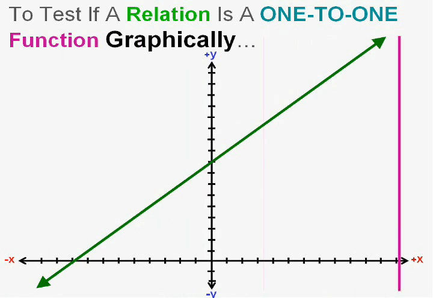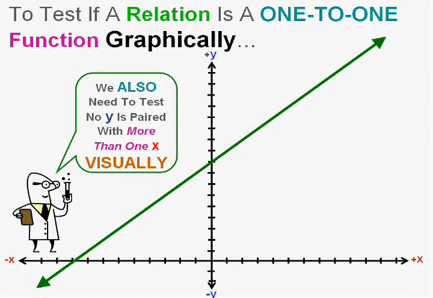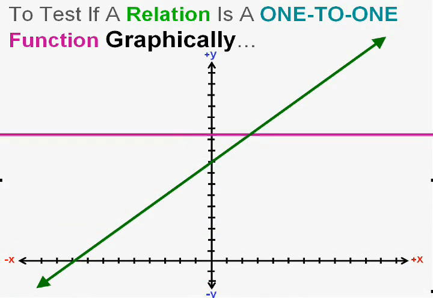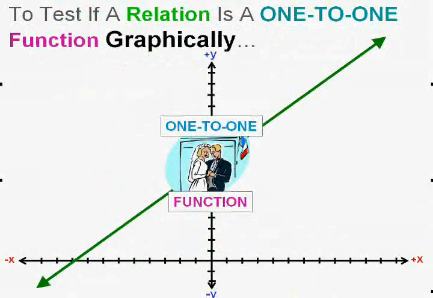But then we have to test that no y is paired with more than one x. We can do that visually using the horizontal line test. We'll move a horizontal line from bottom to top and see if it hits in two places anywhere, which it doesn't. And in this case, passing two tests gives you the one-to-one function.